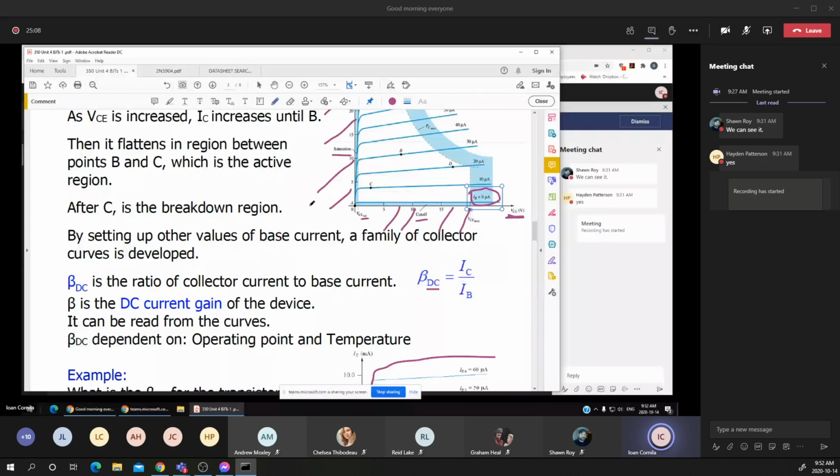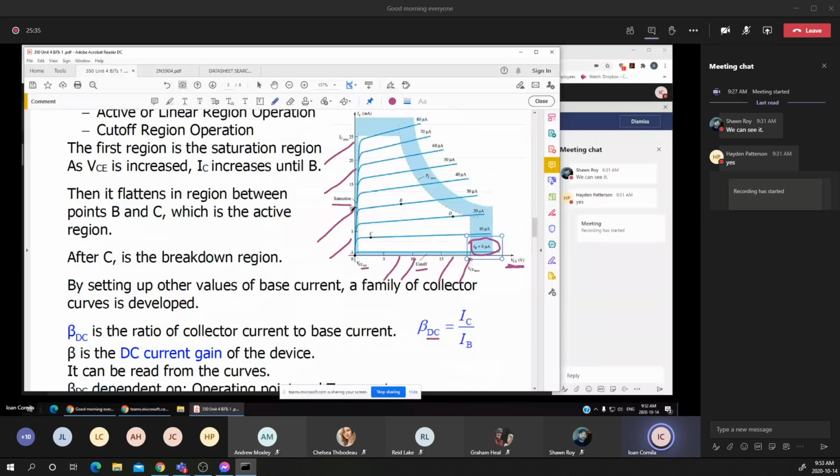And you notice that there is a small amount of current. Usually it's the leakage current between the collector and the emitter. This leakage current is in terms of micro or nano amps, means that we can neglect, we can ignore this current, and we can make the collector current in the cutoff as 0 amps.